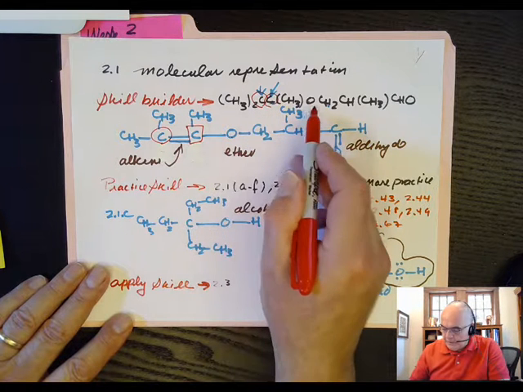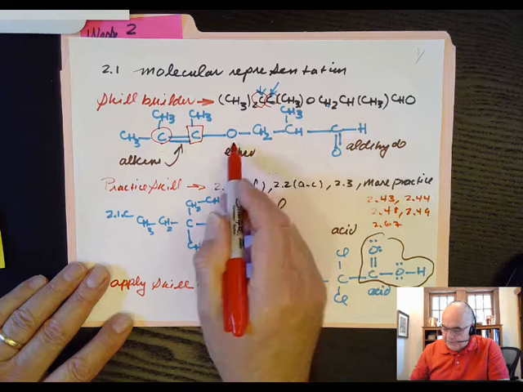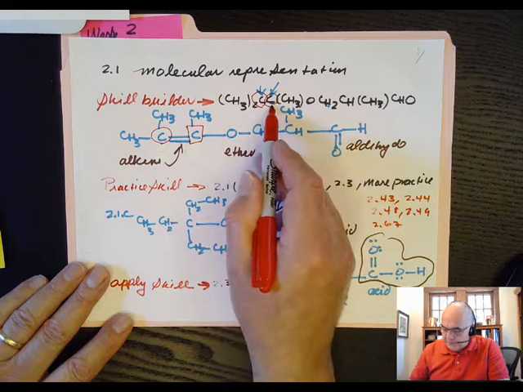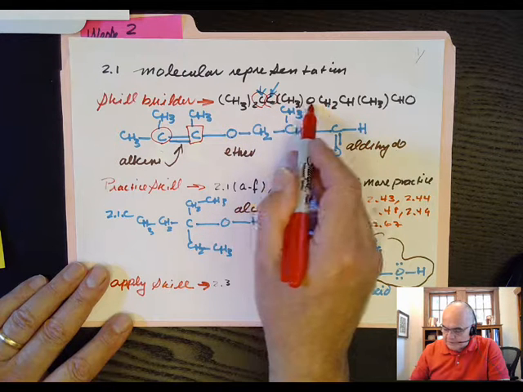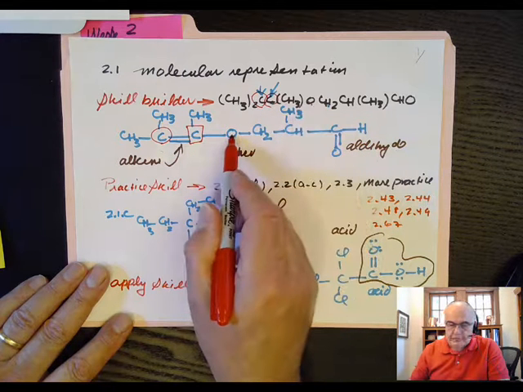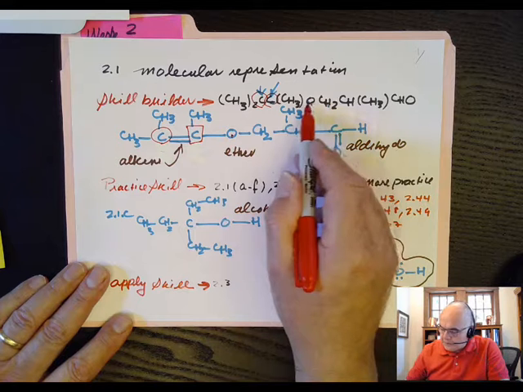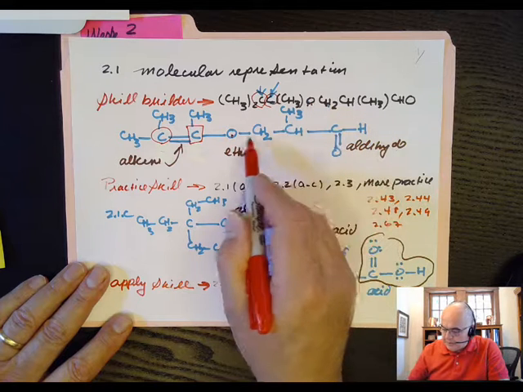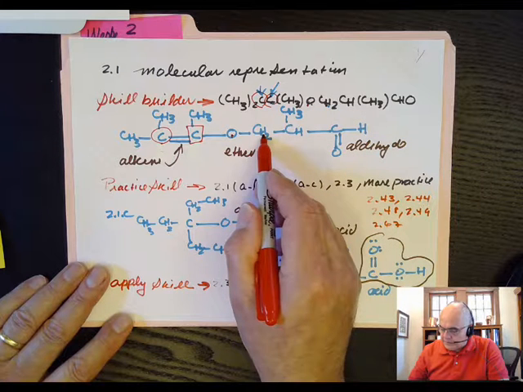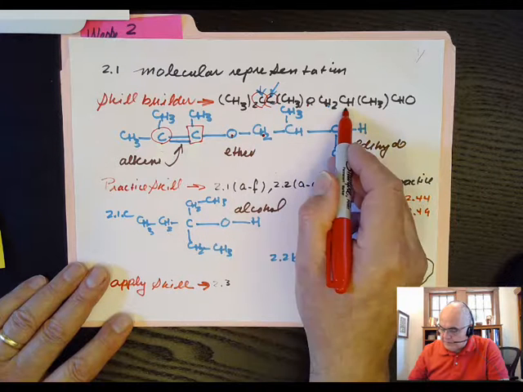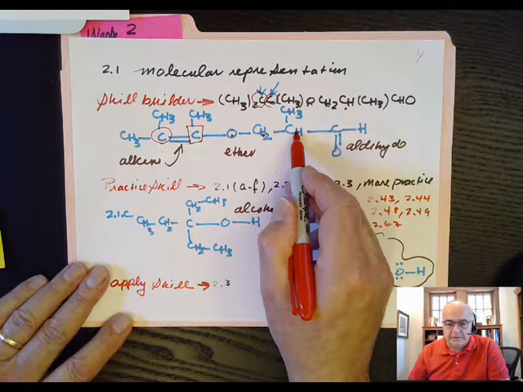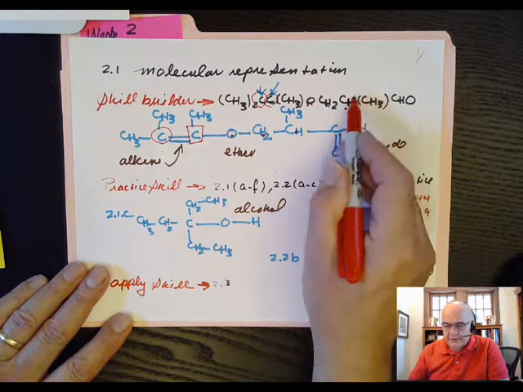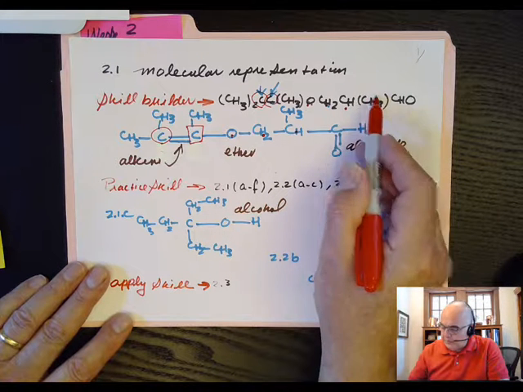Then we know it's attached to an oxygen. This carbon is attached to oxygen, and the oxygen is attached to a carbon which is CH2, and that CH2 is attached to a CH, and that CH has a methyl group. These are called methyl groups, one carbon unit.